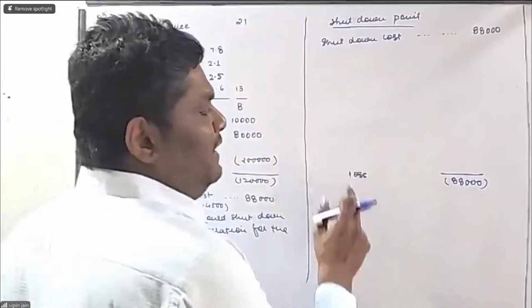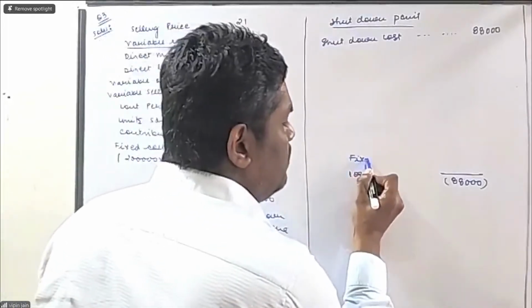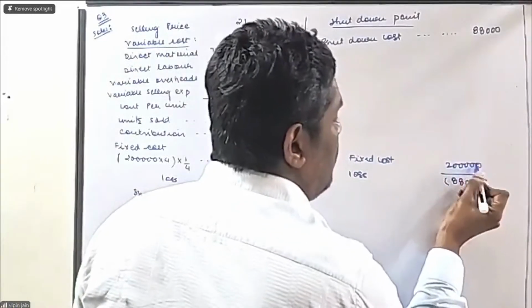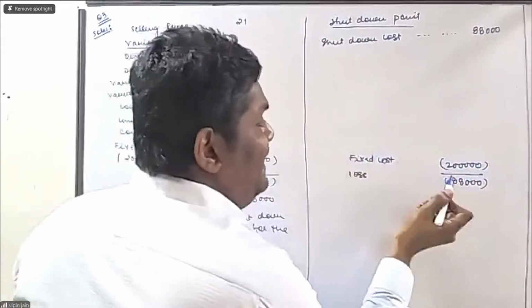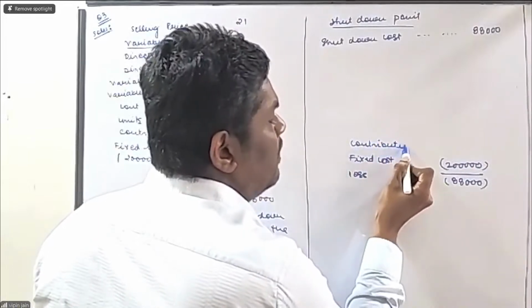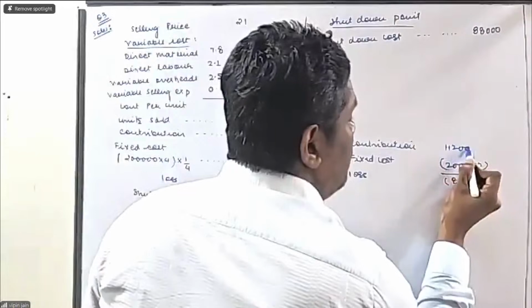So if we continue with the business, if the loss is 88,000, how much is my fixed cost? My fixed cost is 2 lakh. So for 88,000 loss, how much contribution is required? 1,12,000.